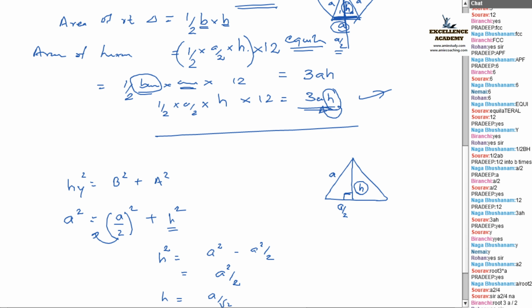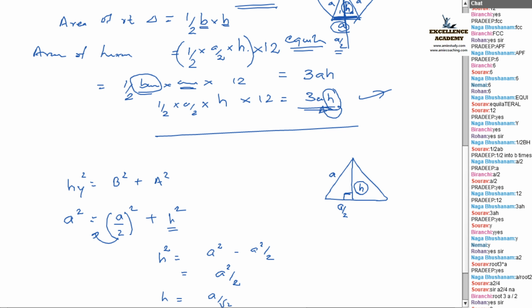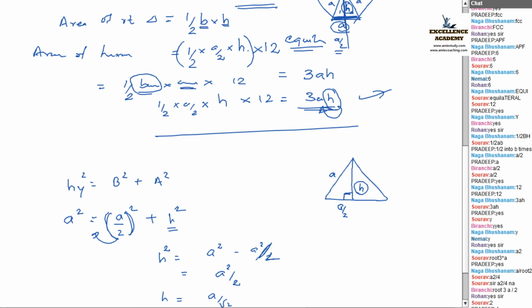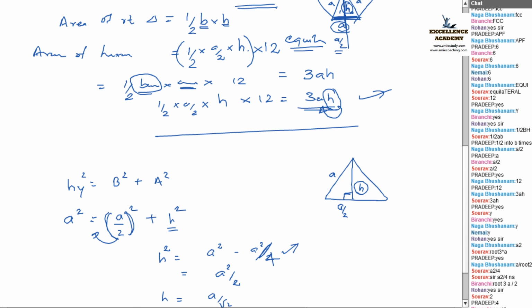Please check out the problem. There I have made a mistake. Here you see that a by 2 the whole square, right? I simply wrote here a square by 2. I told you that most of the students make a mistake like that. Here what is the thing? A square by 4.